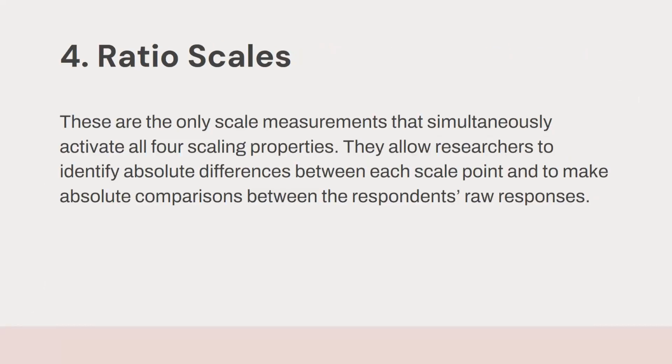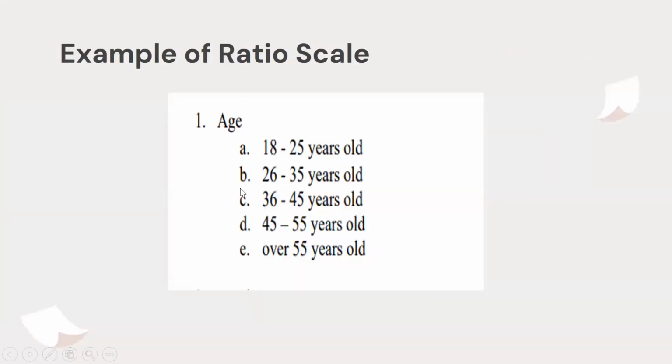Then we have the ratio scale. These are the only scale measurements that simultaneously activate all four scaling properties. They allow researchers to identify absolute differences between each scale point and to make absolute comparisons between the respondents' raw responses. Here, they want to identify absolute differences between each scale point, and they want to make comparisons between the answers of the respondents. For example, 18 to 25 years old, 26 to 35 years old.